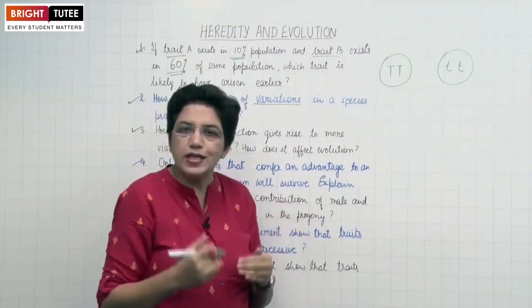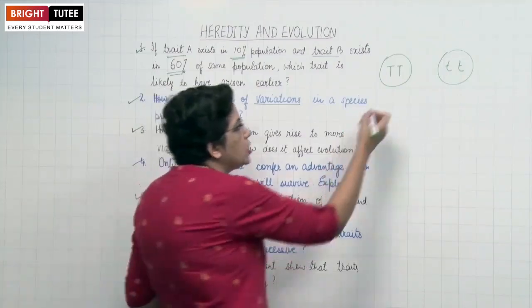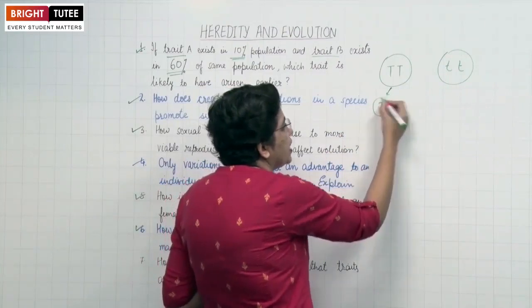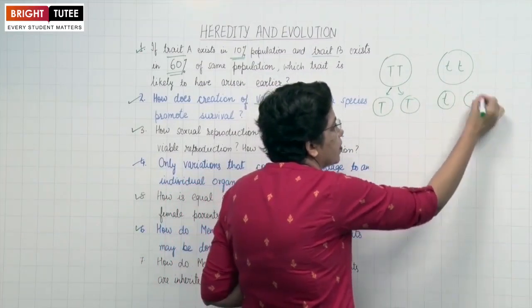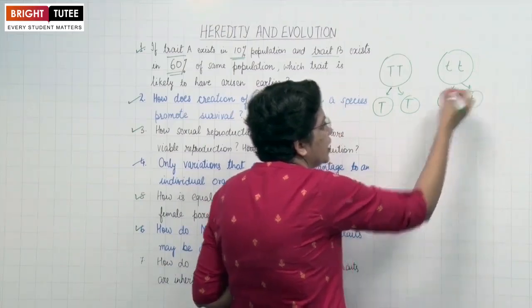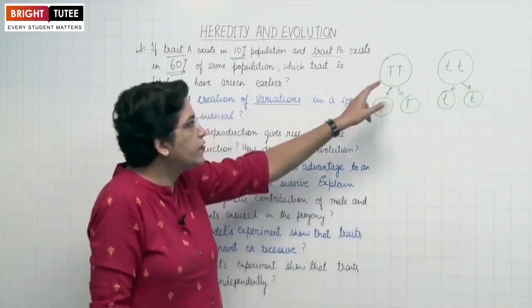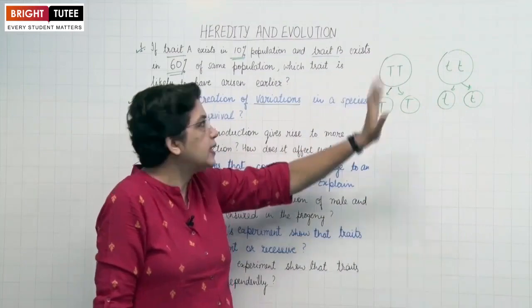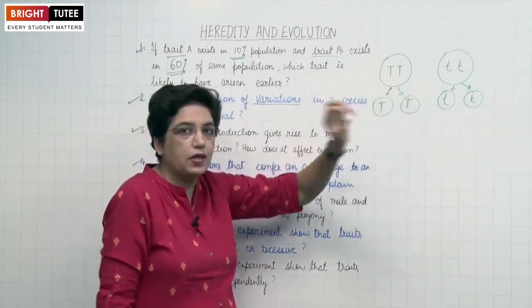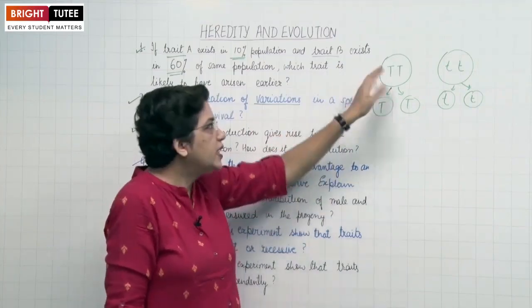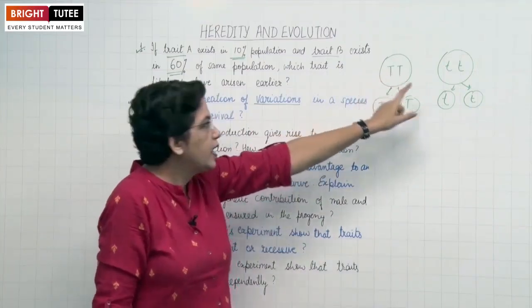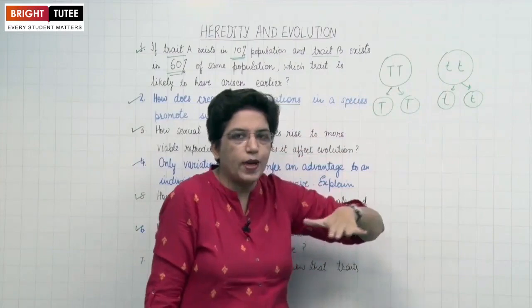Now, the first step is gamete formation. In this case, both the gametes will contain capital T. In this case, both the gametes will contain the smaller t. If the parent cell contains both the capital genes, it is called a pure tall plant, and this is called a pure dwarf plant.